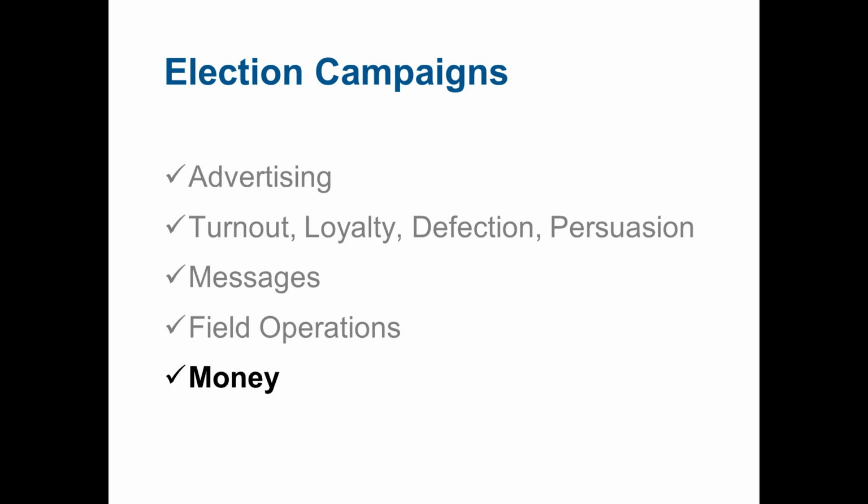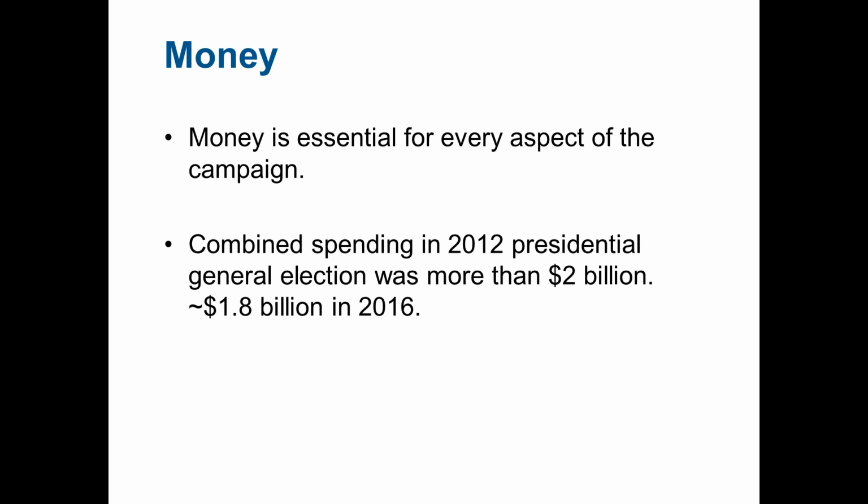And finally, let's conclude by saying that all the things we're talking about here in this section are really contingent on money. In order to have effective messaging put out, in order to have any sort of extensive field effort, you have to have money. It's really the lifeblood of a campaign. And for some perspective, going back to the election before this last one, to 2012, the combined campaign spent about $2 billion, also about $1.8 billion this past election.